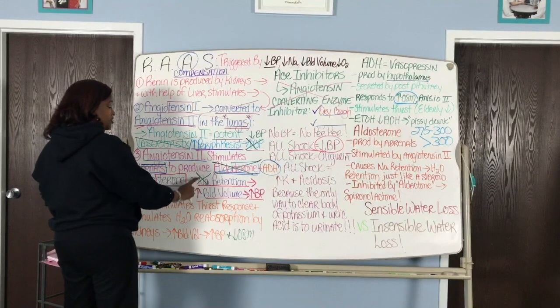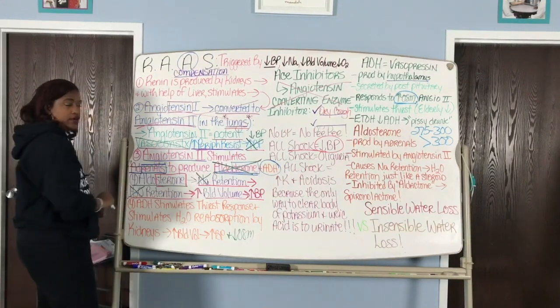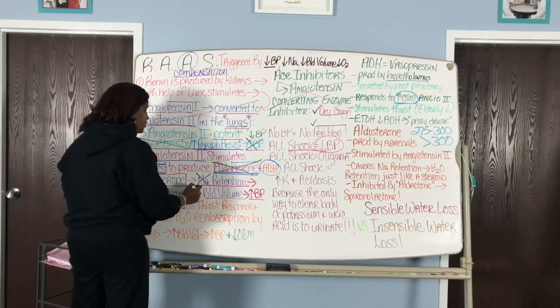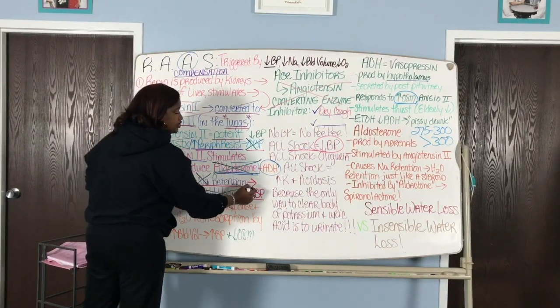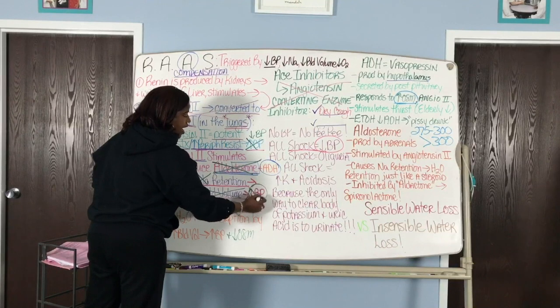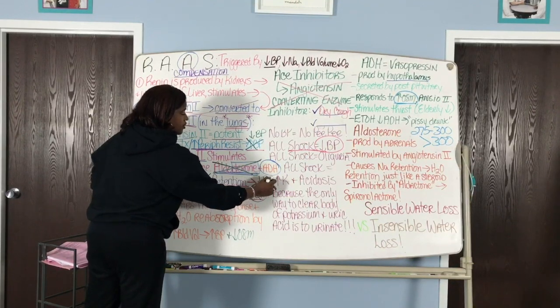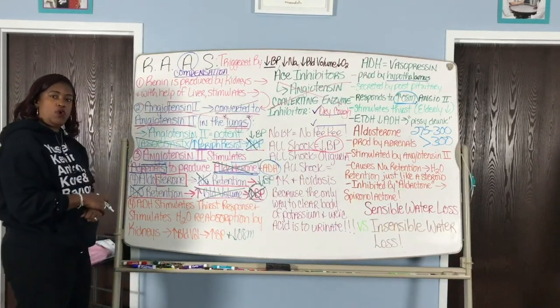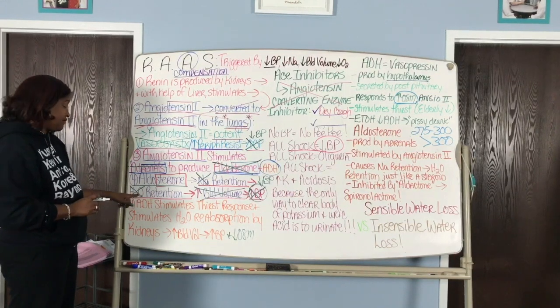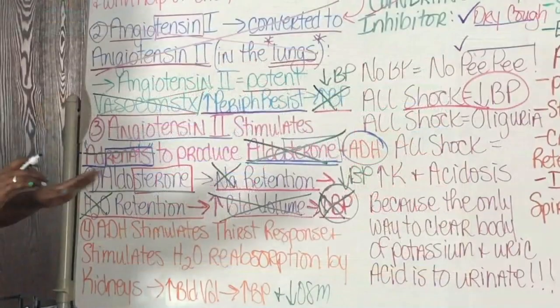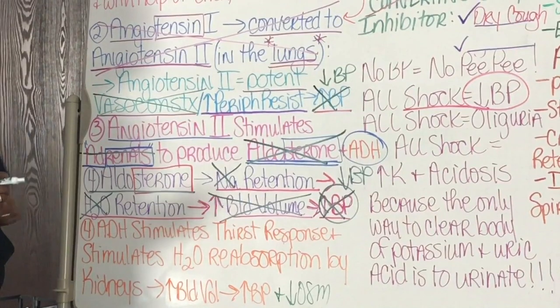And if I can't retain salt and water, then I don't have an increased blood volume, and I certainly do not have a high blood pressure. I have a low blood pressure. Woohoo! Because what am I doing? I'm peeing. I don't have any water retention. I'm letting it out. I don't have any sodium retention.